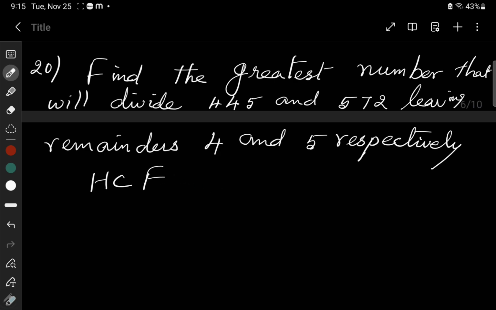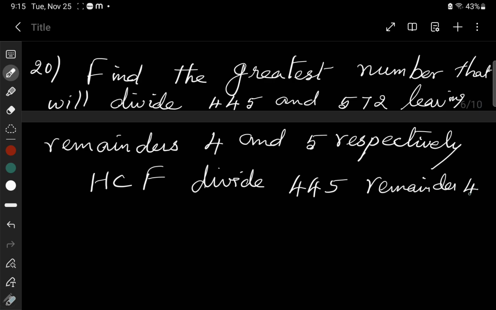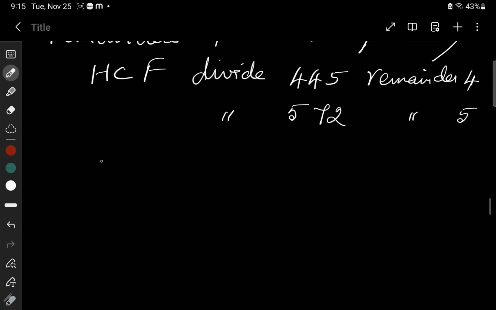When this highest common factor divides 445, it gives the remainder 4, and when it divides 572, it gives the remainder 5. So you remove these remainders.